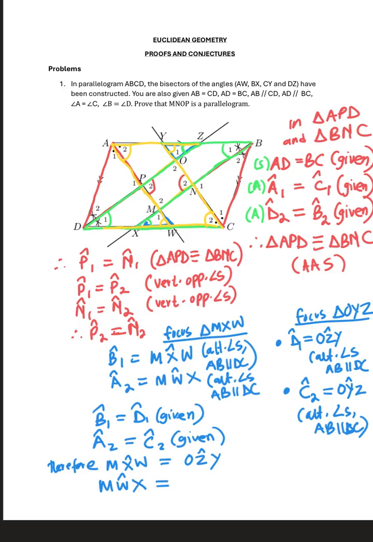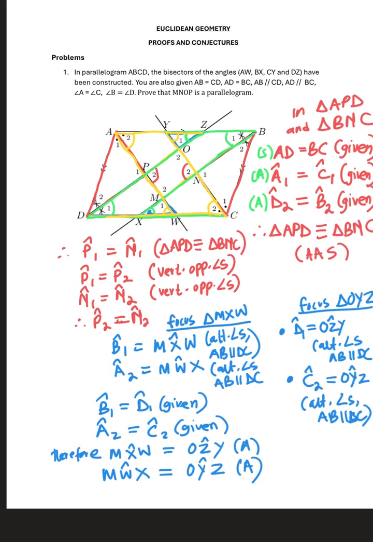We can replace C2 with angle OYZ. Angle MWX is in triangle MXW, and angle OYZ is the angle at Y in triangle OYZ. So we have two angles in the two triangles. Because two angles are equal, the third angle will always be equal.